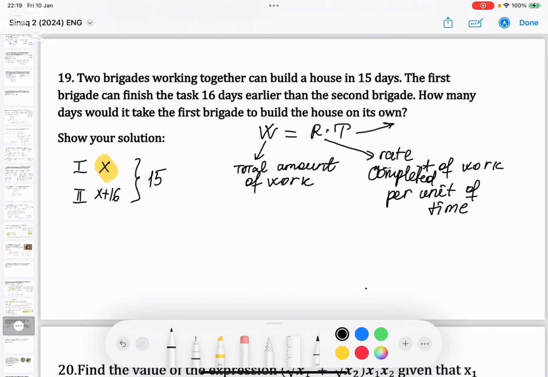And T represents time taken to complete the work.